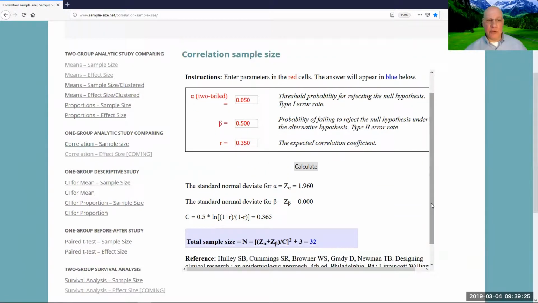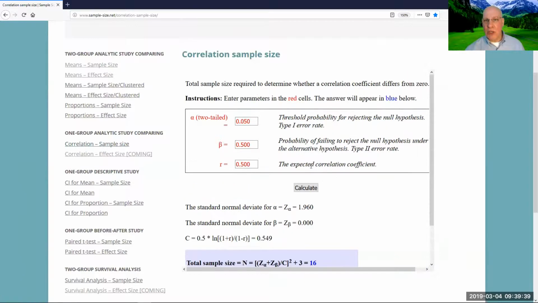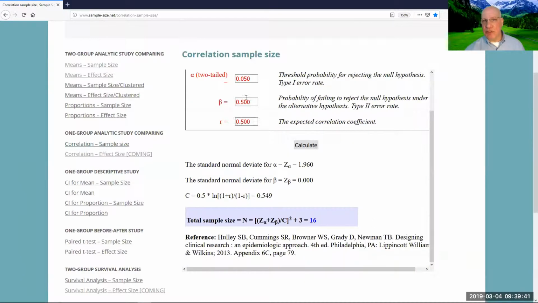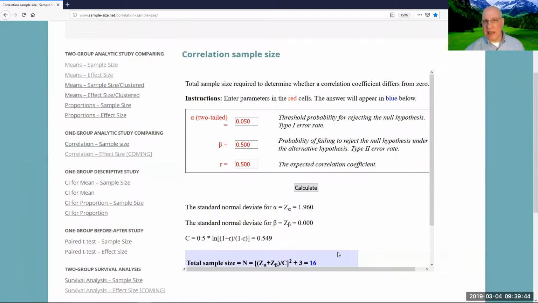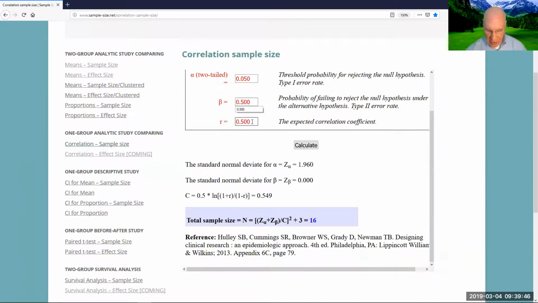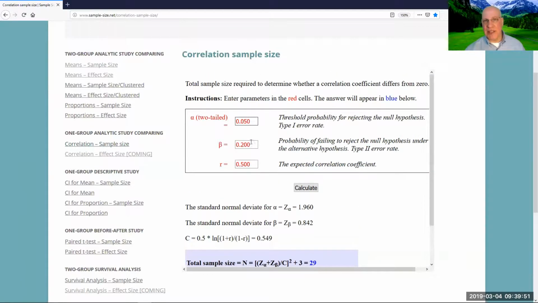But what if I've used optimization software and supervised machine learning? Well, then my correlation, and I've seen this happen, might be much larger. And so what happens is we're able to reduce the size of the sample, and actually the error, the type 2 error, we can reduce from 50% down to 80% confidence, and only, here we go, 20% type 2 error.